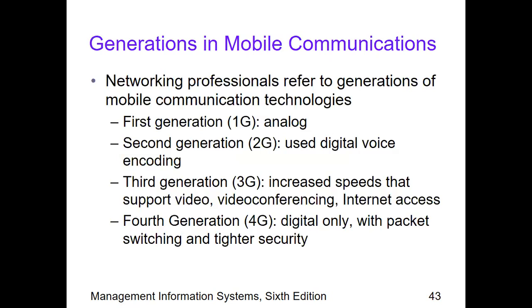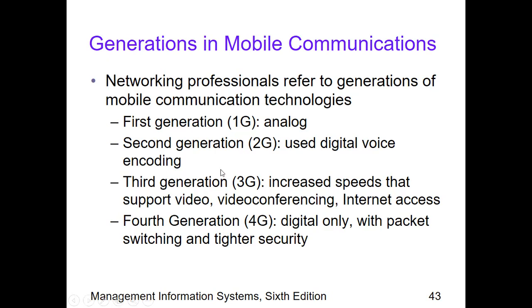Now, there are generations in mobile communications. I can just imagine a lot of our communication channels are now at 4G. Networking professionals refer to generations of mobile communication technologies. In the first generation, we use analog, or close to machine-like. Second generation or 2G uses digital voice encoding, while third generation or 3G increases speeds to support video, video conferencing, and internet access.